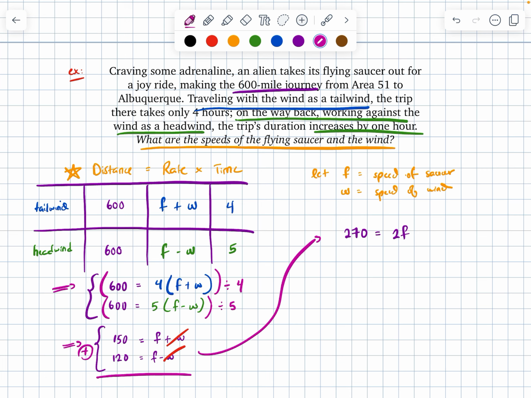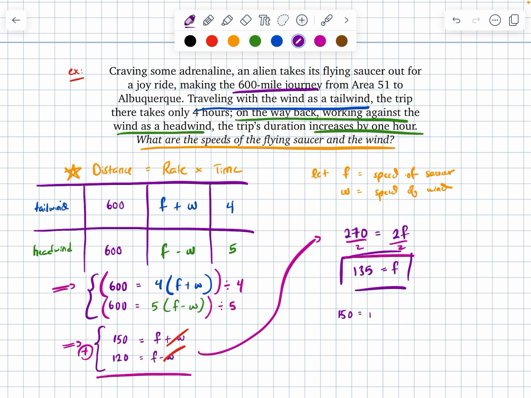And then I have w plus negative w. Notice those will undo each other. So from here, I know 270 is equal to 2f. All I've got to do is divide both sides by 2 to get that f is equal to 135.